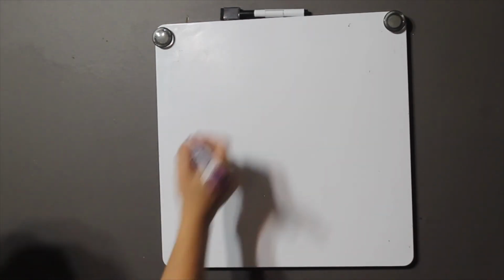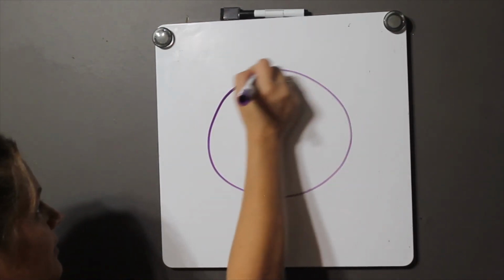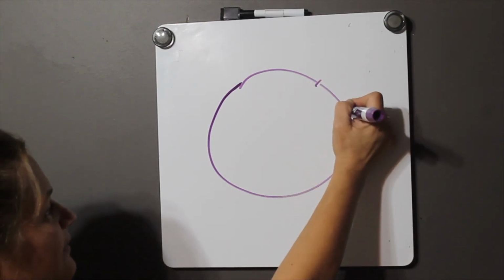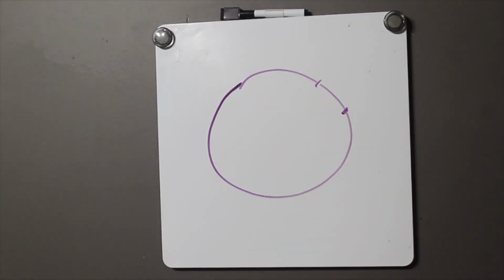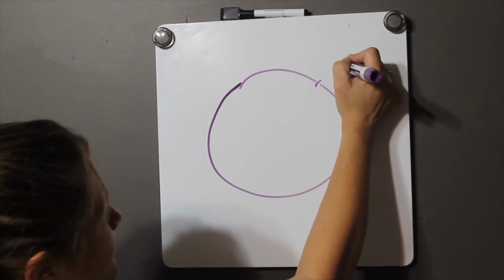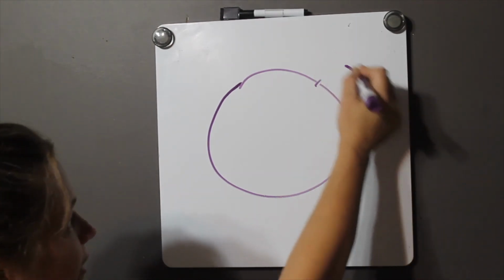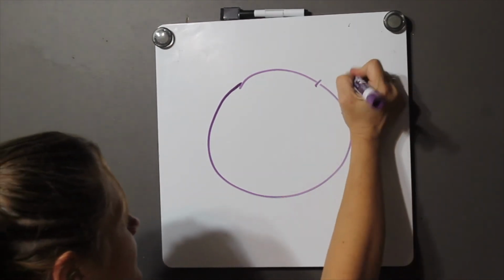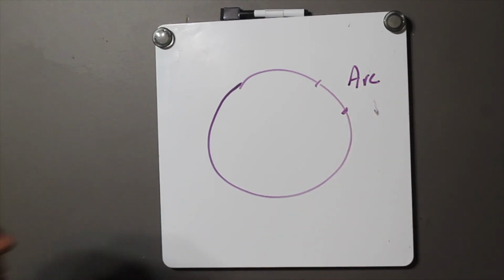Alright. A part of a circle is called an arc. Alright, so if we've got it, this is what we talked about in class. If we've got a circle, and we designate a piece of that circle, that's called an arc. It just would look like that. So it's just a line, but it's curved. Part of a circle is called an arc.